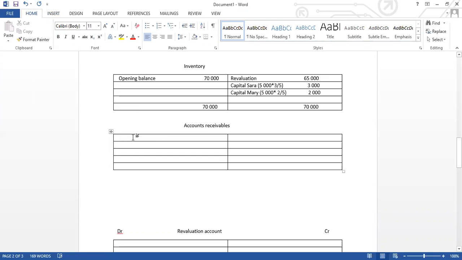So the opening balance. How much were our receivables?